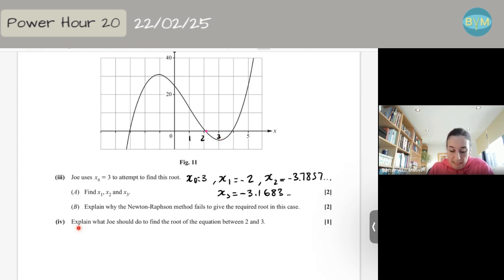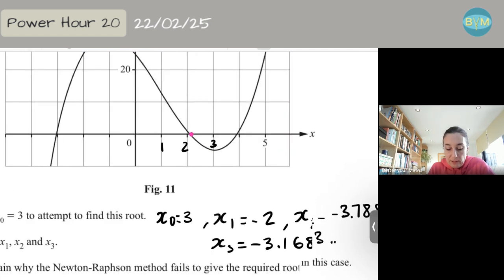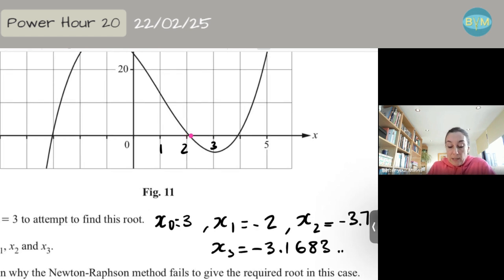Then it asks what Joe should do to find the root of this equation between 2 and 3. We know it's between 2 and 3, and we know we shouldn't use 3 because it's too close to a stationary point. What number should we use to start the iteration? The 2. We could start with any number.